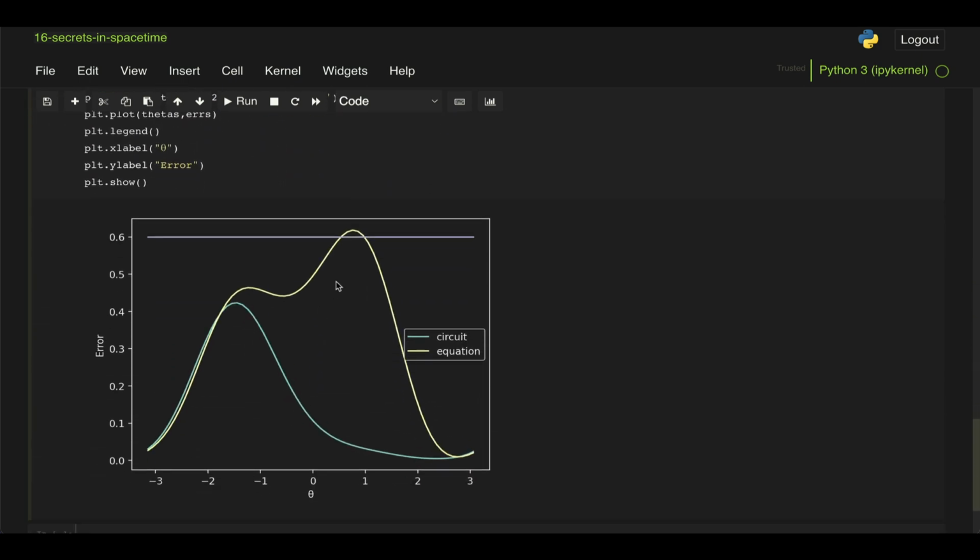And we can see why in the case of the circuit it was failing, because it's only giving us the real part of the solution, whereas now here on the equation we're computing the complete complex number, then taking the absolute value squared of that, and that's what's being plotted here.